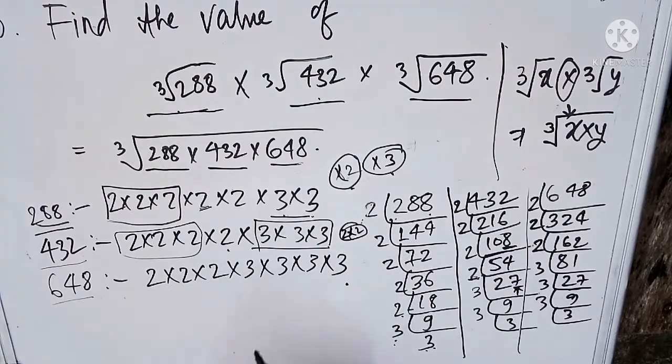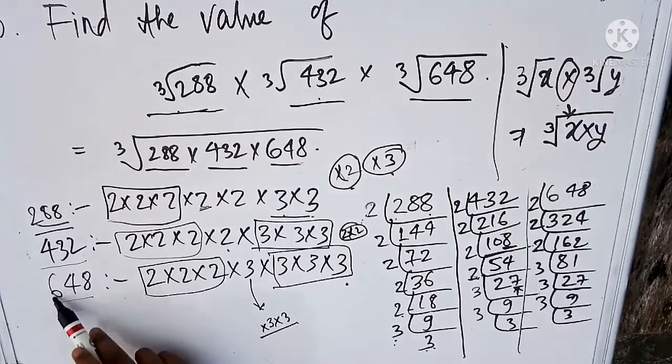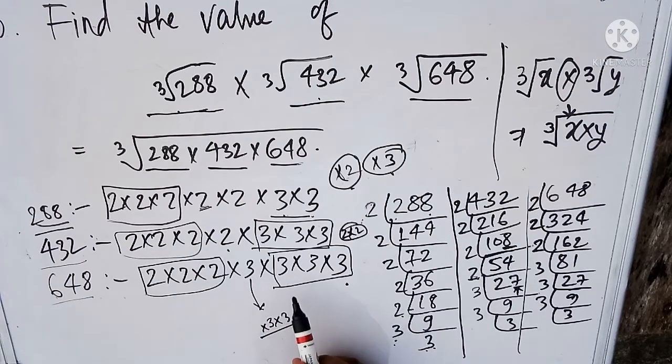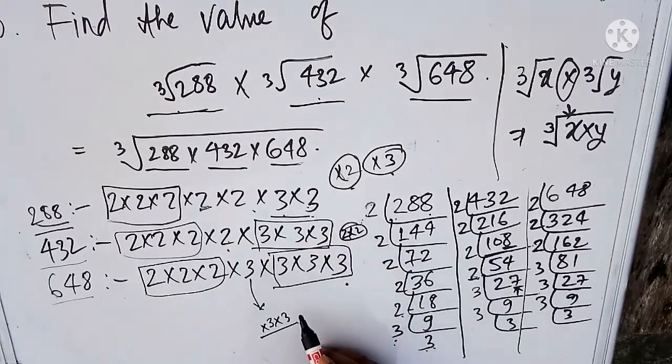And in the next number 648 we have one combination of 2 and one combination of 3. Now here also if you multiply by 2 times 3, then it will make one more combination. So if you find the cube root of all the numbers separately, it will not come out as a perfect cube because we don't have combinations for these left out numbers.